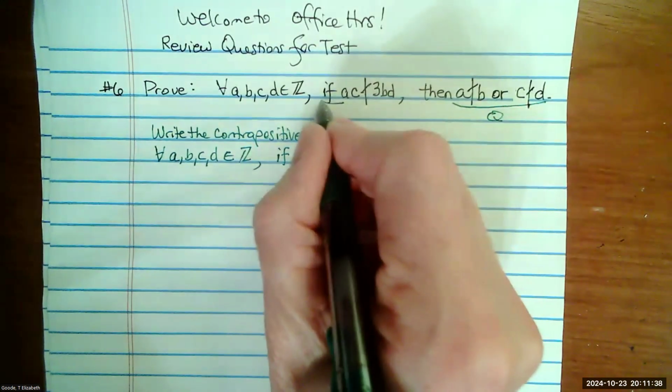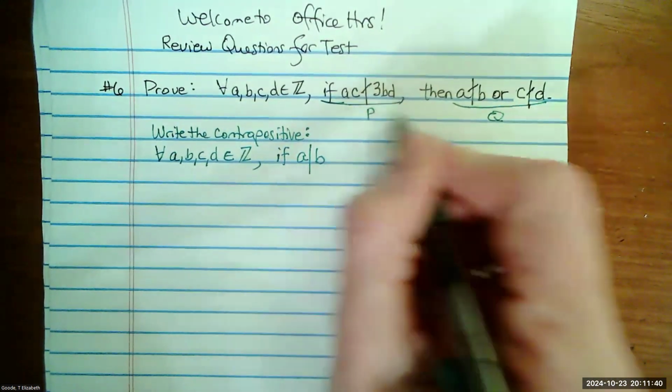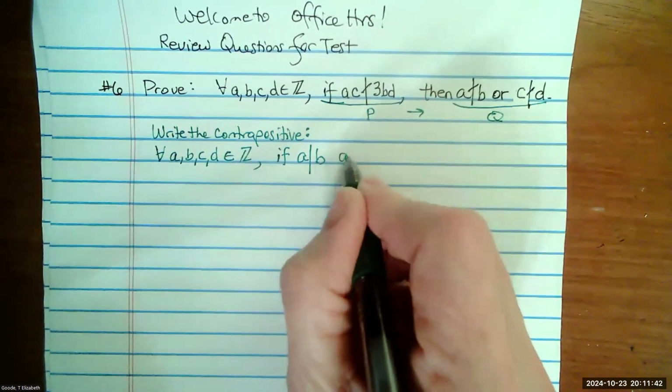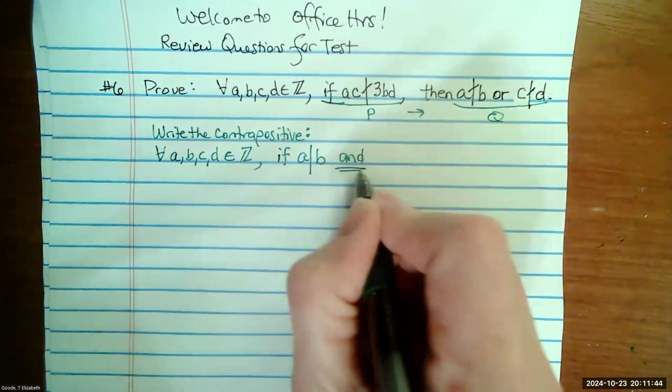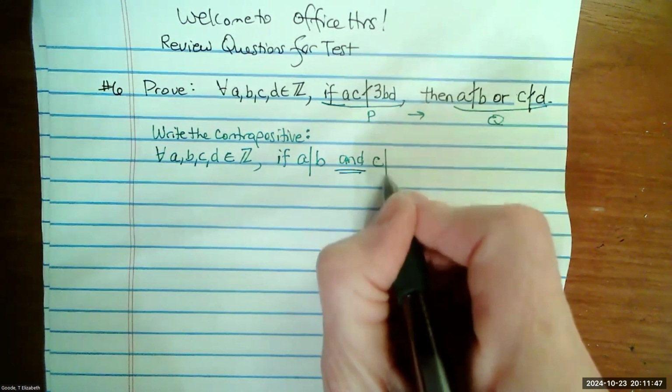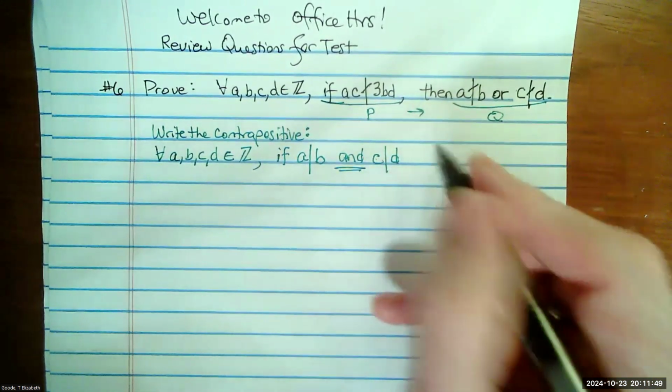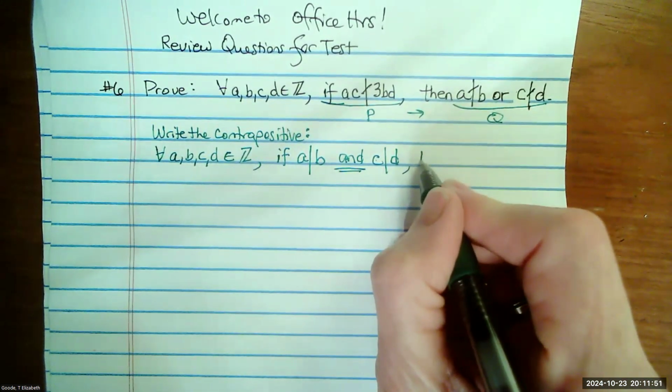We switch it to an and, because we need both of those. So A divides B and C divides D.